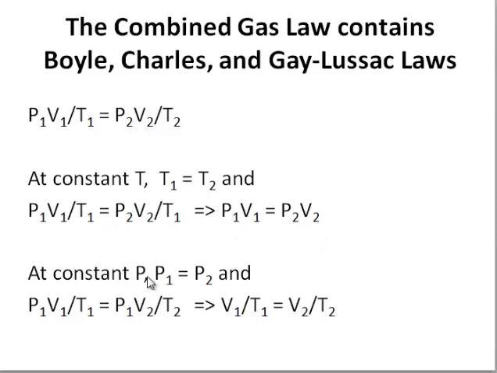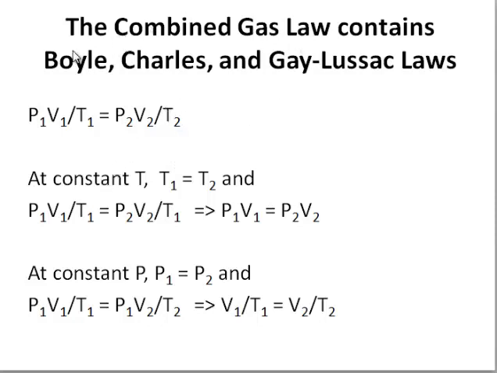If pressure is constant, P1 is P2, and P1V1 over T1 equals P1V2 over T2. You can divide pressure from both sides of the equation and get Charles' law. Likewise, it's not shown here, but if V1 is V2, those will cancel on both sides, and you see that P1 over T1 equals P2 over T2.